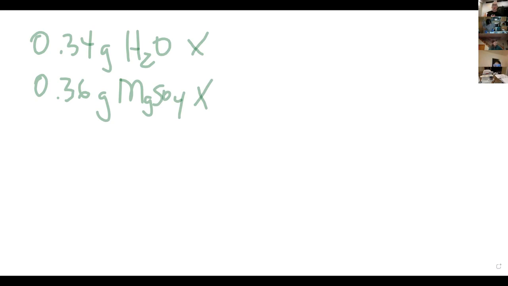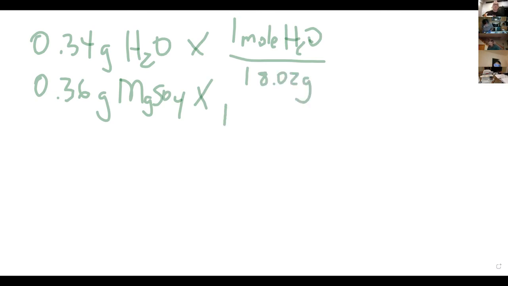So I want moles. So I'm going to put moles on top, and I'm going to put grams on the bottom. 1 mole of water is 18.02 grams. 1 mole of magnesium sulfate is 120.37 grams.